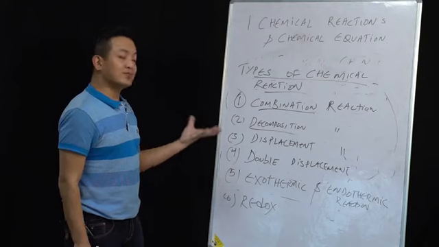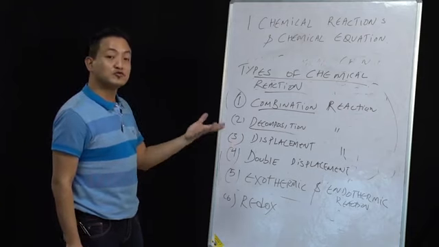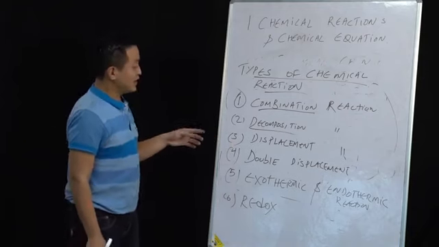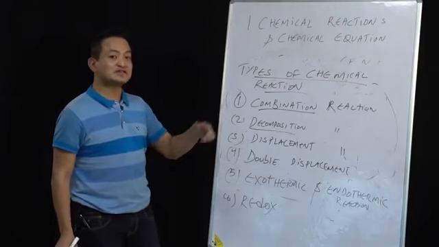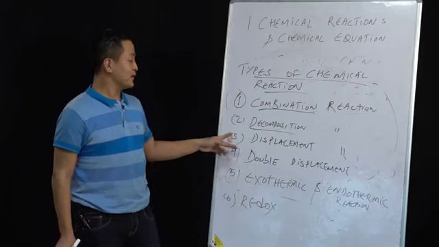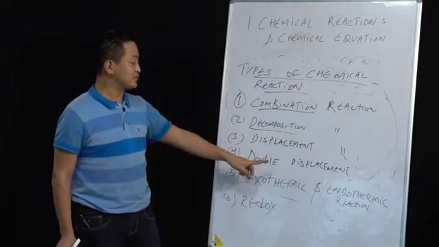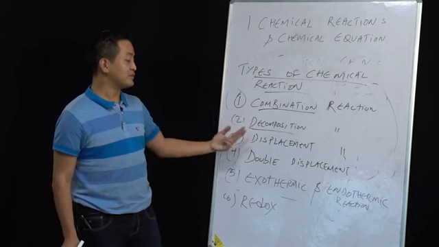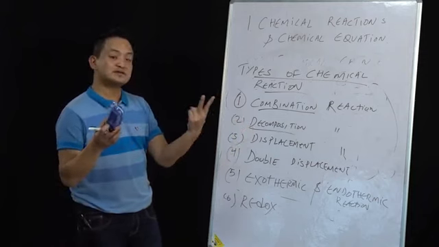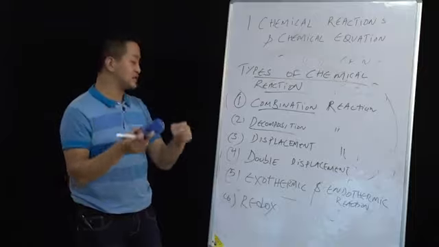That means here one compound is going to break down to give two or more simple substances. Displacement means displacing one another. And double displacement means that two elements are going to exchange.